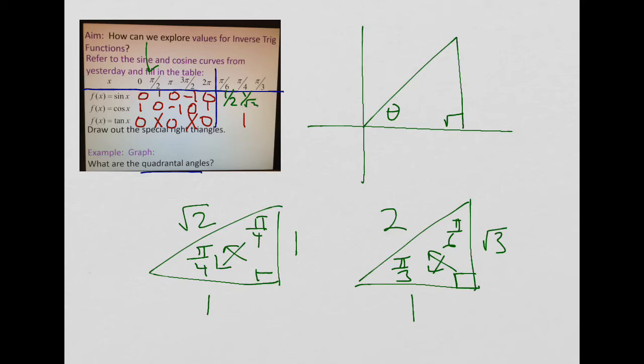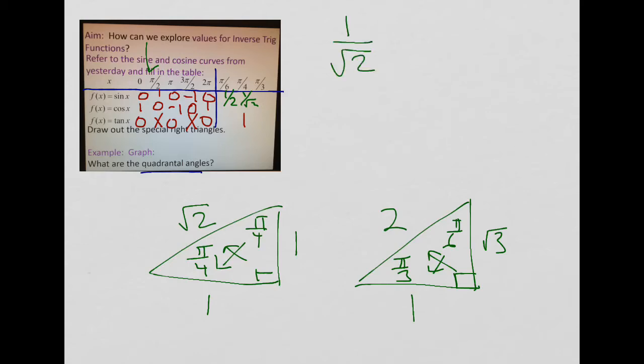Which you also should know this as, let me erase this, it's rational inversion, which is radical 2 over 2. Okay, sine of pi over 3, opposite over hypotenuse is radical 3 over 2. Squeezing that in there. Hopefully you heard me so you can actually write it down.